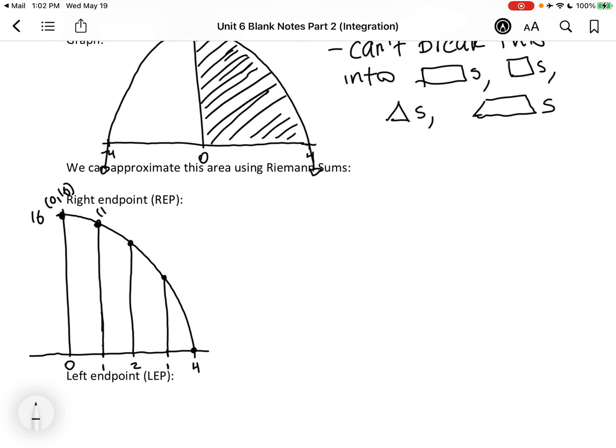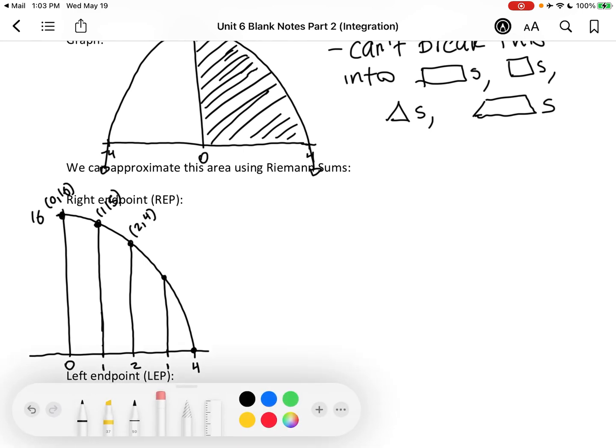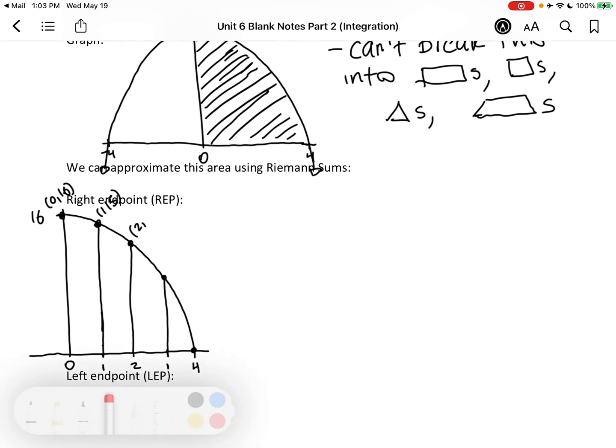Right? So when y equals 16 minus x squared, well, if x is 1, 16 minus 1 squared is 15. This would be 16 minus 2 squared. 2 squared is 4. So this is 2, 4. No, 2, 12, my bad. 16 minus 4 is 12.